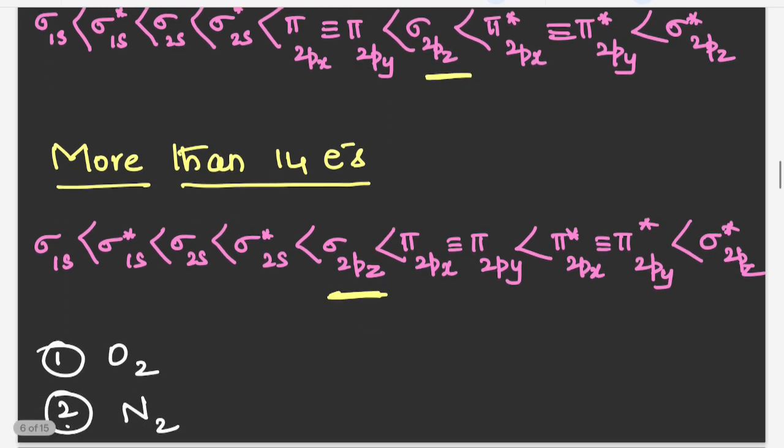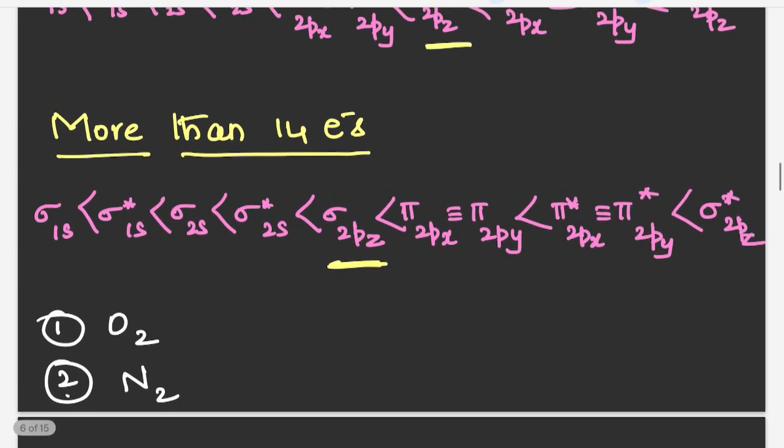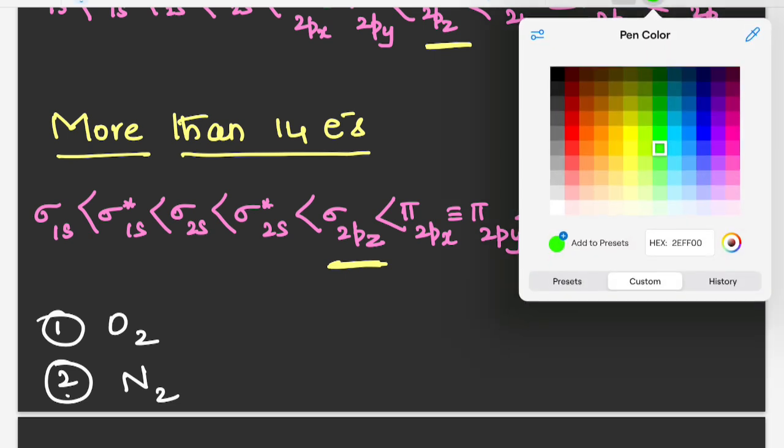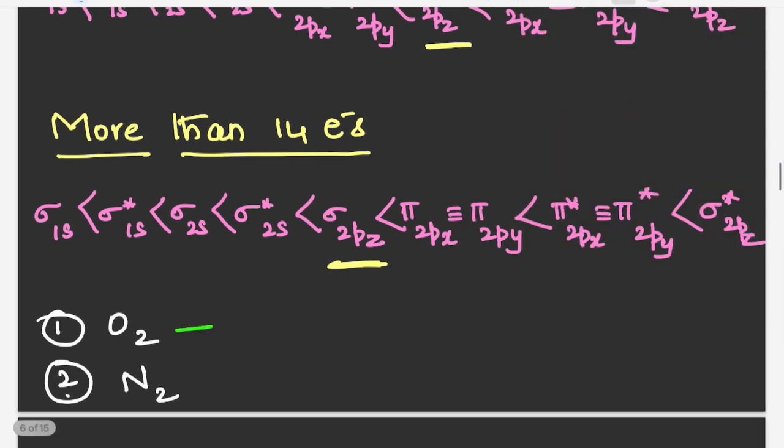Now let us take some examples and understand how to find whether a given molecule is diamagnetic or paramagnetic in nature. The first example we will take is O2, oxygen. Let us find out. How many electrons are there in O2? One oxygen has 8 electrons, so two oxygens mean 8 plus 8.